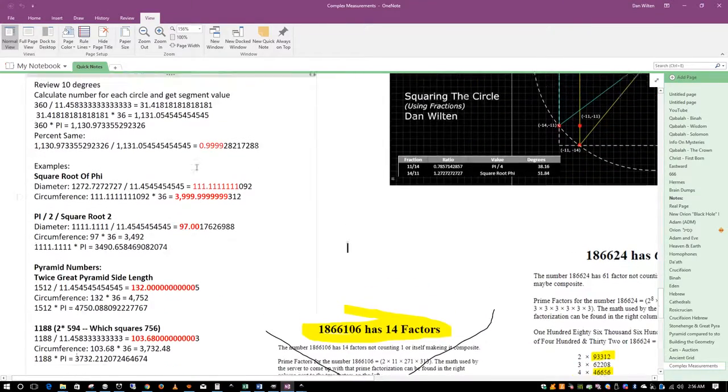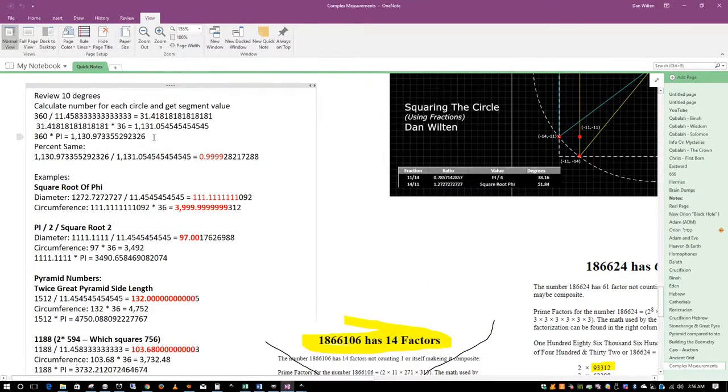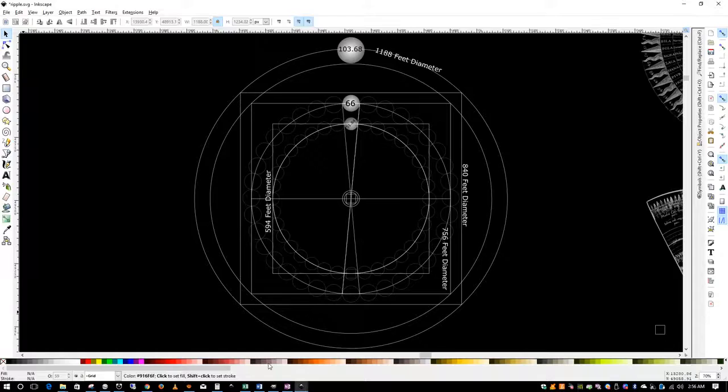So let's take a look at what I was showing you last time, this whole thing with 10 degrees. First let me just show you a quick picture of what that looks like. It looks like this. So we have a circle here. I know the circle's diameter. The circle's diameter is 594. In order to find out the circumference of this circle without using pi, I use a certain ratio.